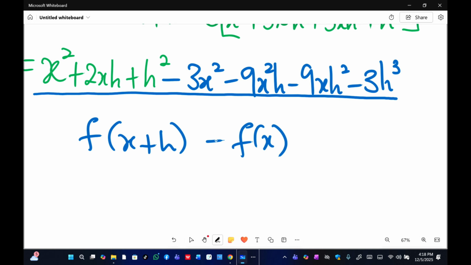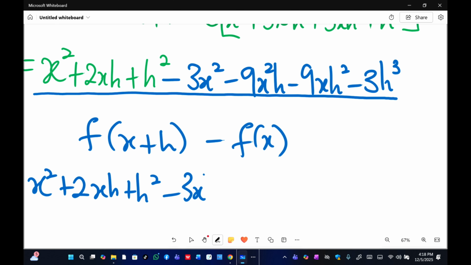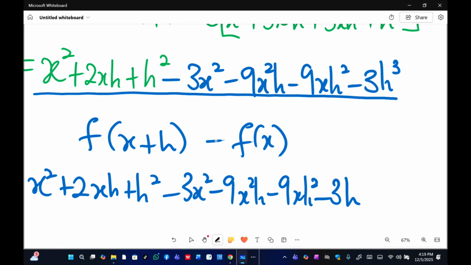Right, so we are going to get the whole thing to be x squared plus 2xh plus h squared minus 3x squared minus 9x squared h minus another 9x h squared. Then here to be having 3h cubed.